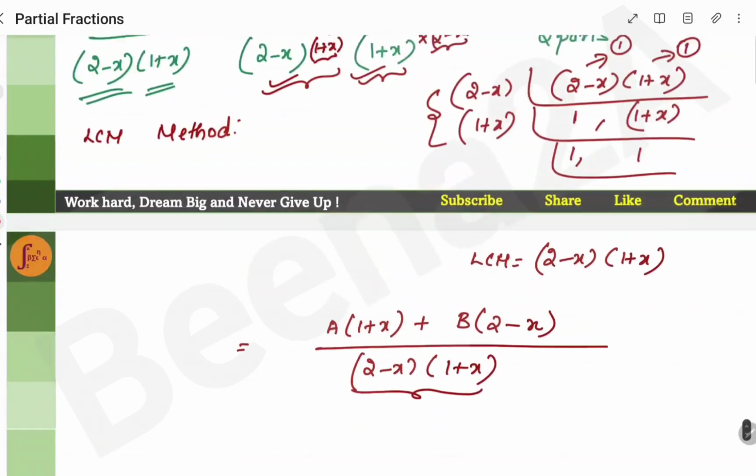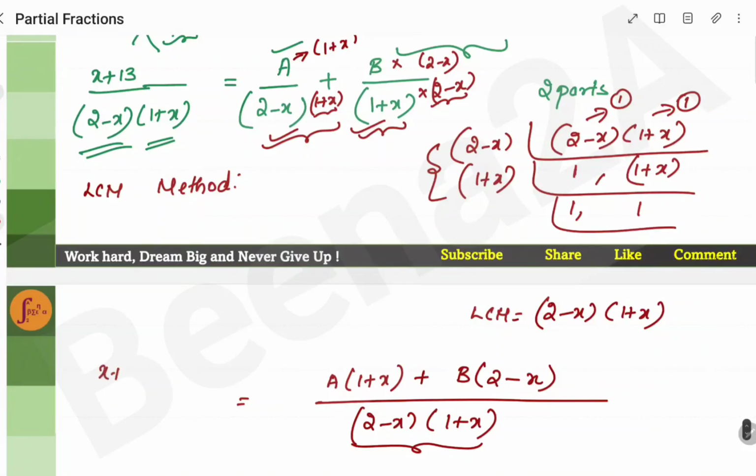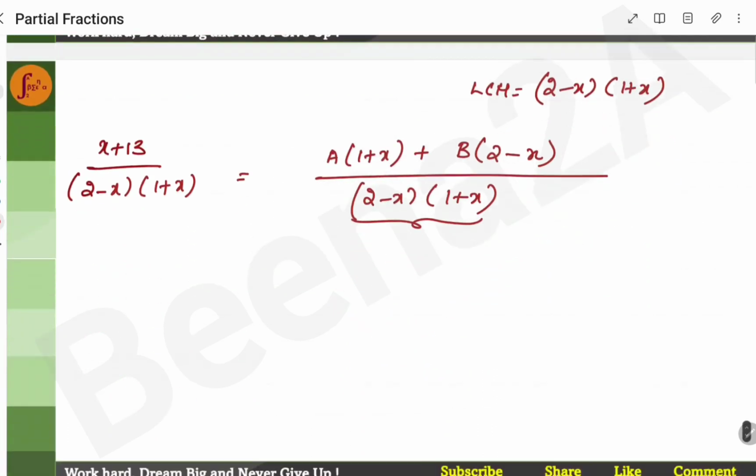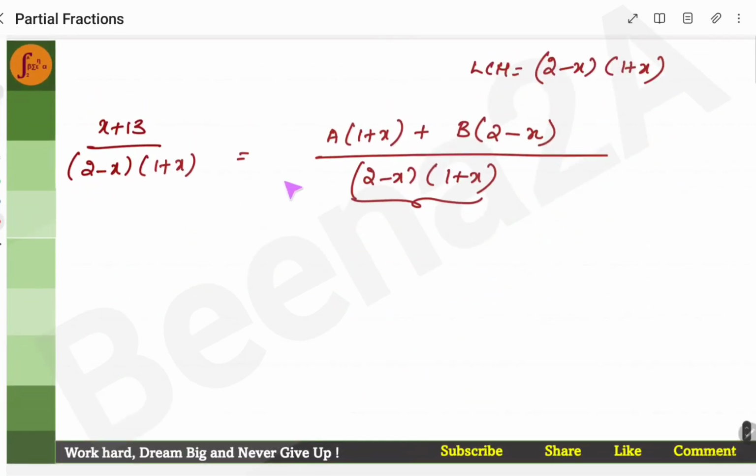And this is equal to x plus 13 by 2 minus x into 1 plus x. Now the denominators are the same here, so I can cancel them. Now I'll be left with this simplified expression.